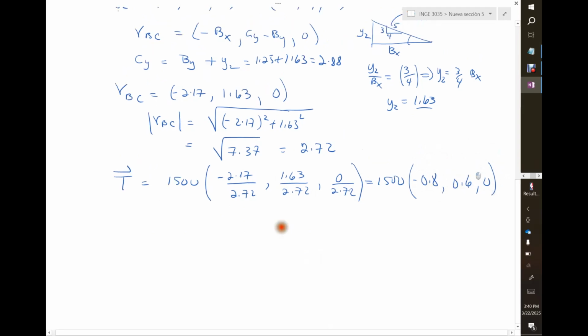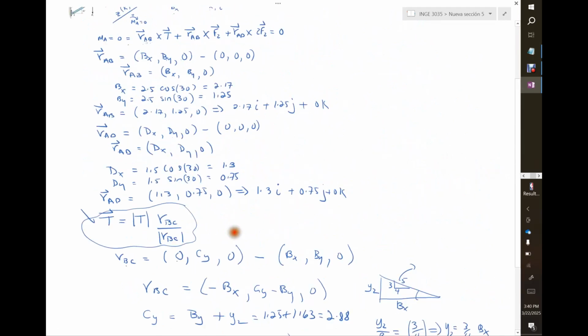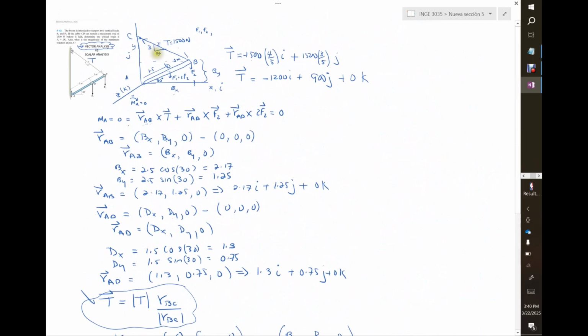0.8 and 0.6 are well related to this. If you are interested in this point, that's the 3/4, and if you are interested in the x, that's the 4/5. Oh, sorry. If you are interested in this direction, that's 3/5.